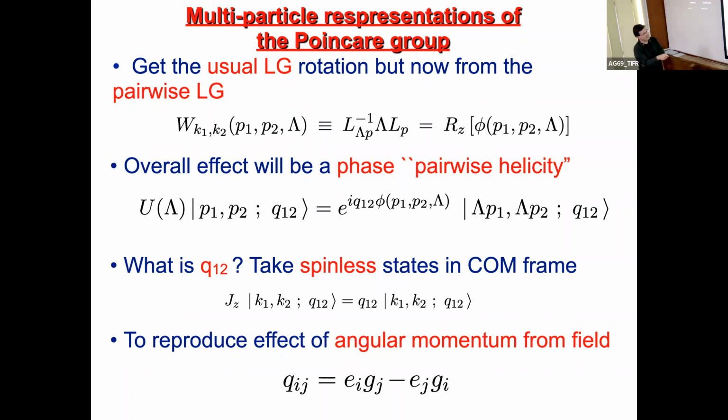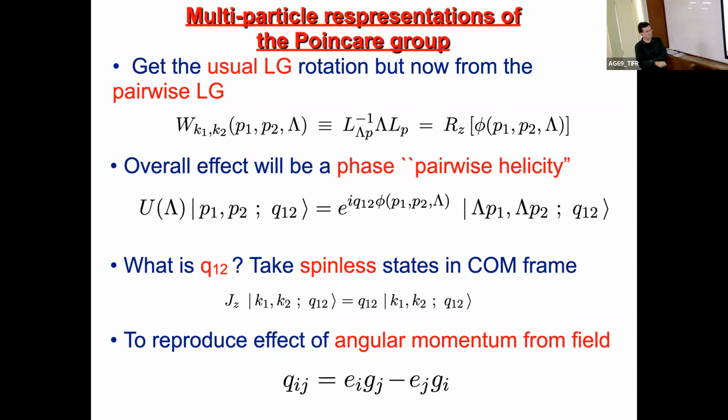What is the physical meaning of this? In the special frame, in the center of momentum frame, it's clear that this phase will give you an additional contribution to the z component of the angular momentum of the system, telling you that this system has an additional angular momentum, even though the individual particles don't have any spin.